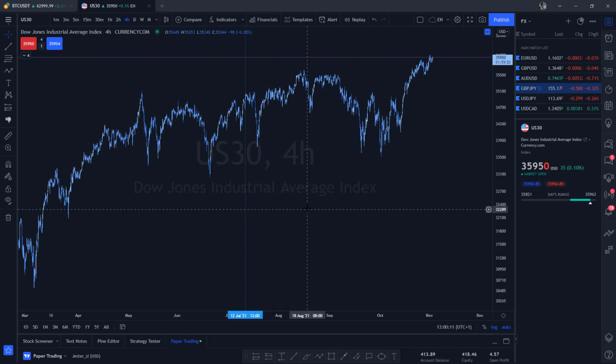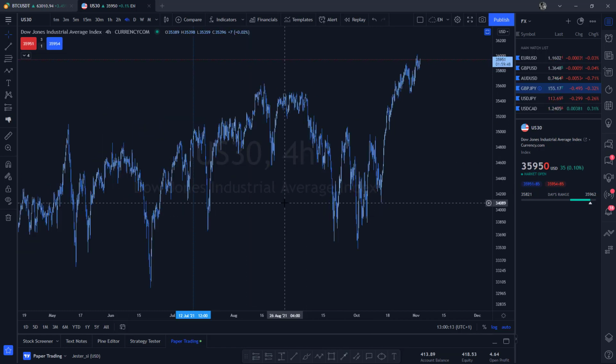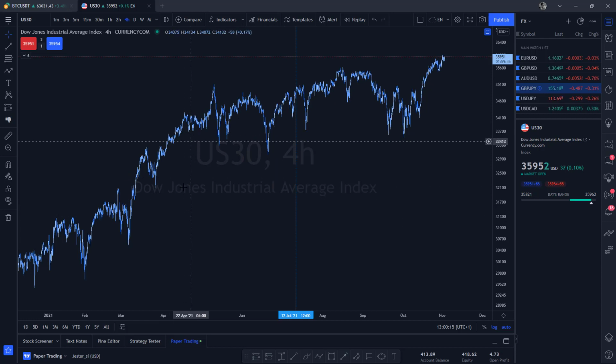Don't look for shorts. And as you can see, a lot of the time there is a sudden spike down to take liquidity and then to test the OB to go higher.